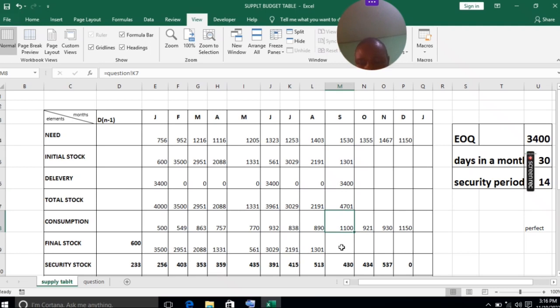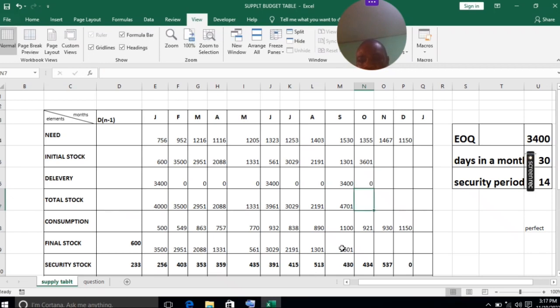So final stock equal total stock minus consumption is equal to that. And our initial stock in October is equal to the closing stock of September. So now initial stock is greater than the need, so zero replenishment.